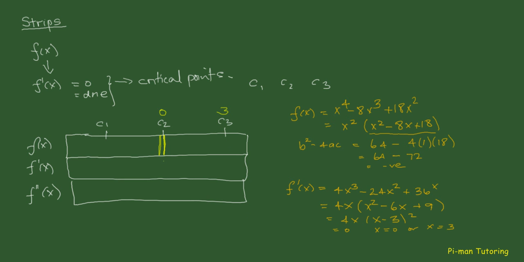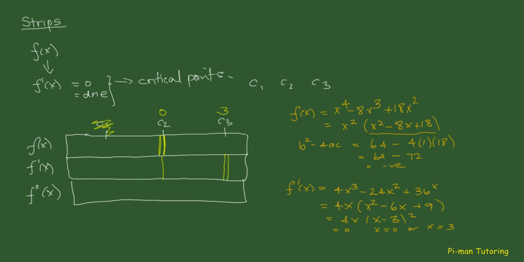Then we know that we have 1 zero for the derivative at 0, and we have a double 0 at x equals 3. So we only have 2 critical points. We don't have a C1, so we'll dispense with the C1. Now we can start to feed in the behavior in the strips.